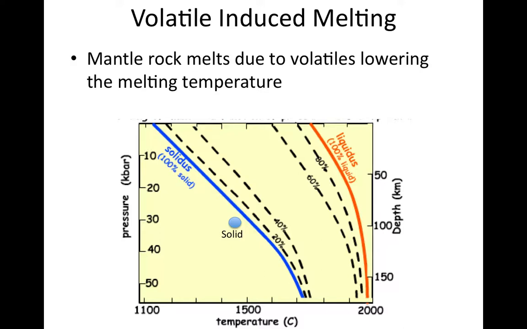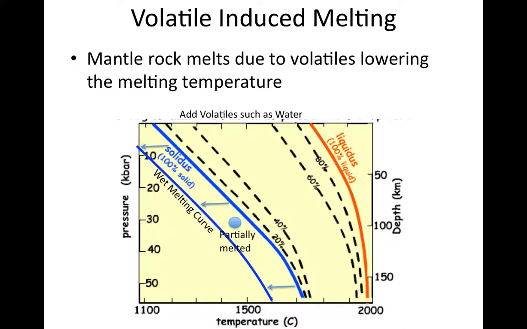What changes is that when you infuse the rock with water, the solidus is different. It has what's called a wet melting curve. So now the rock, which was stable at that pressure and temperature, is no longer stable once infused with water. It's to the right of the wet melting curve, so the rock partially melts.